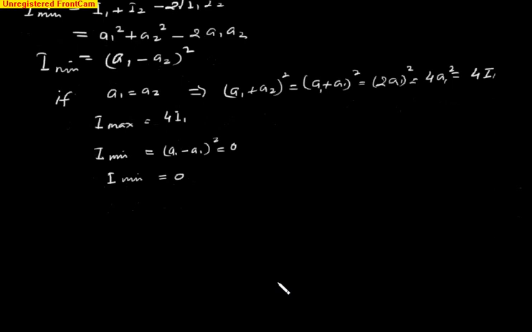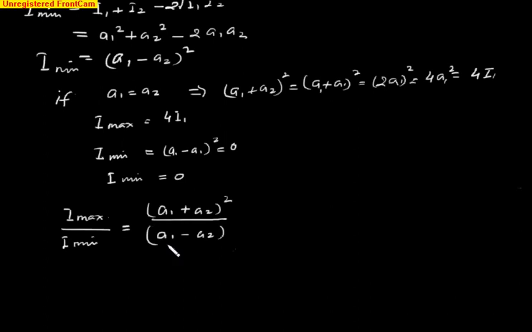And if the amplitudes are not equal, then the ratio of maximum to minimum intensity may be given like this: (A1 plus A2) whole square divided by (A1 minus A2) whole square.